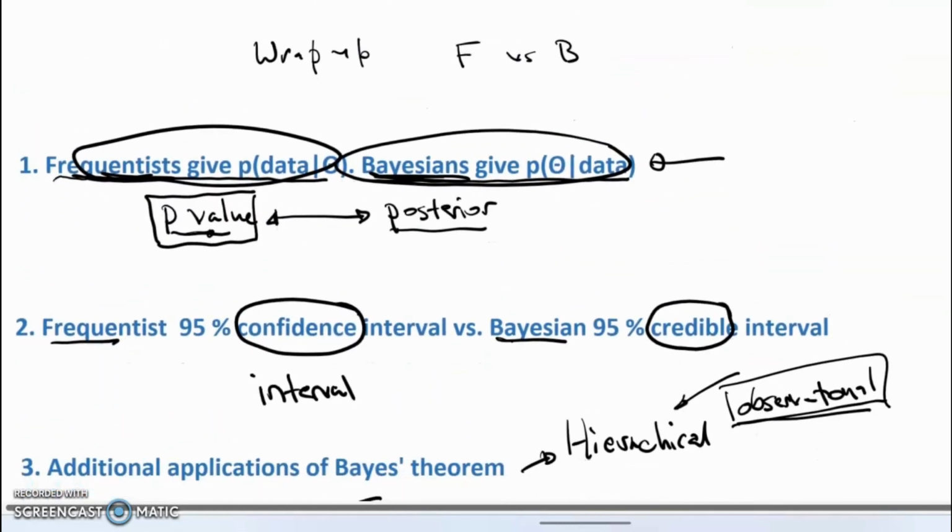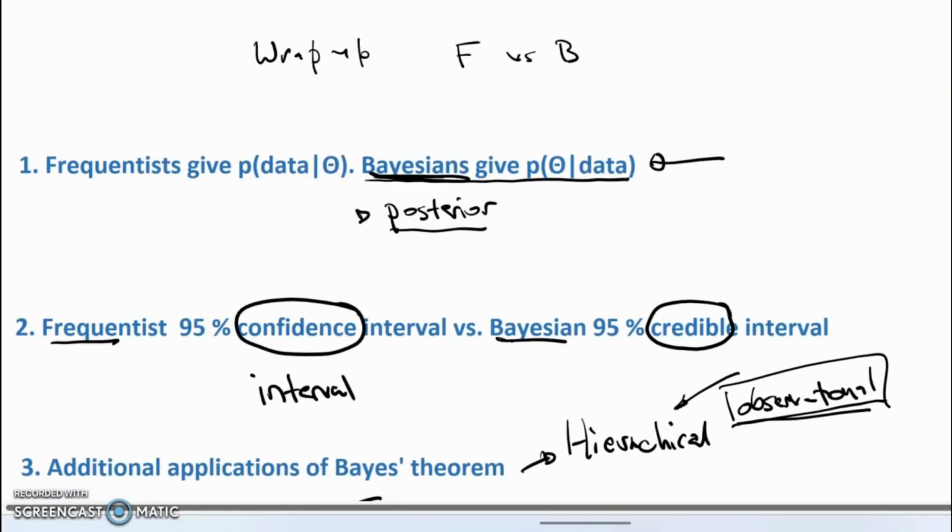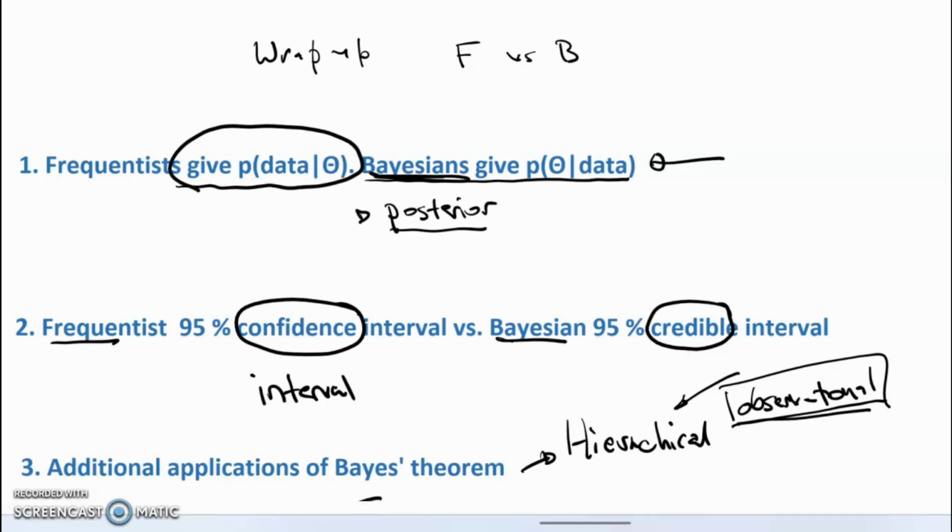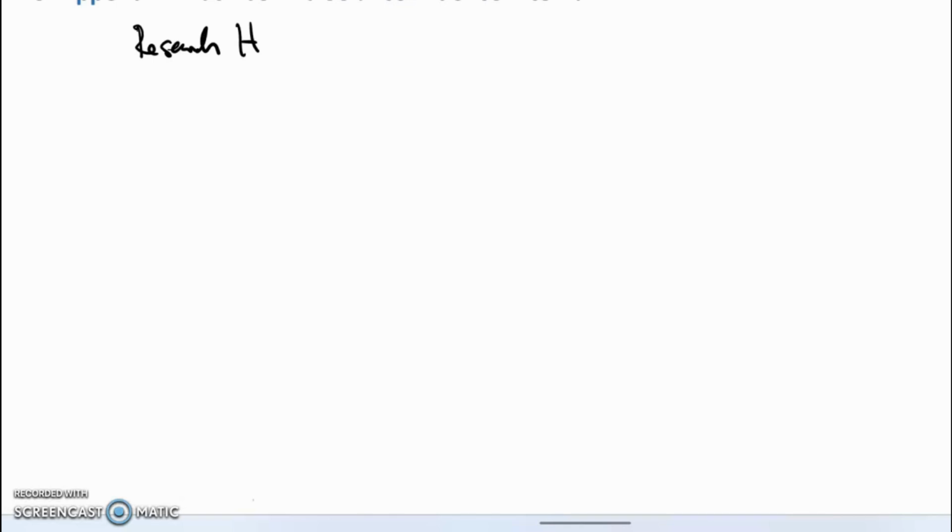So let's go back here and think about this notion that frequentists give us the probability of data conditional upon the parameters, and let's think about how the frequentists might calculate a p-value. And so the example that I'm going to use is that we have a research hypothesis. And the research hypothesis says that the mean IQ of international baccalaureate students, IB students, is greater than 100.